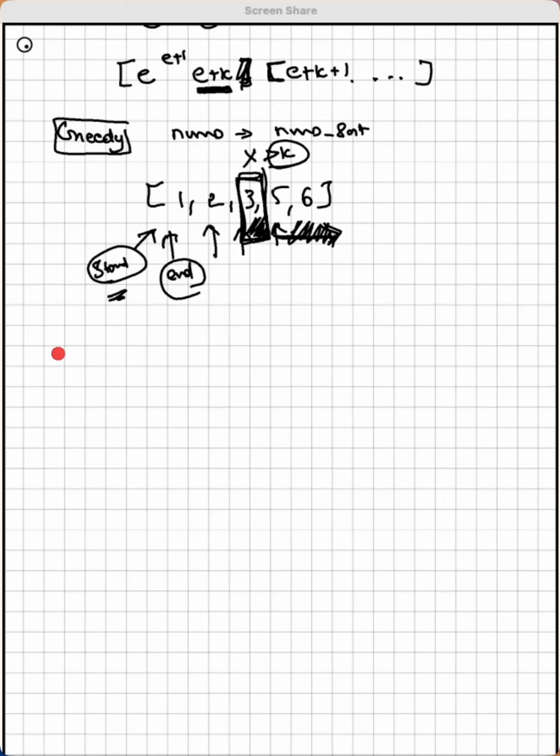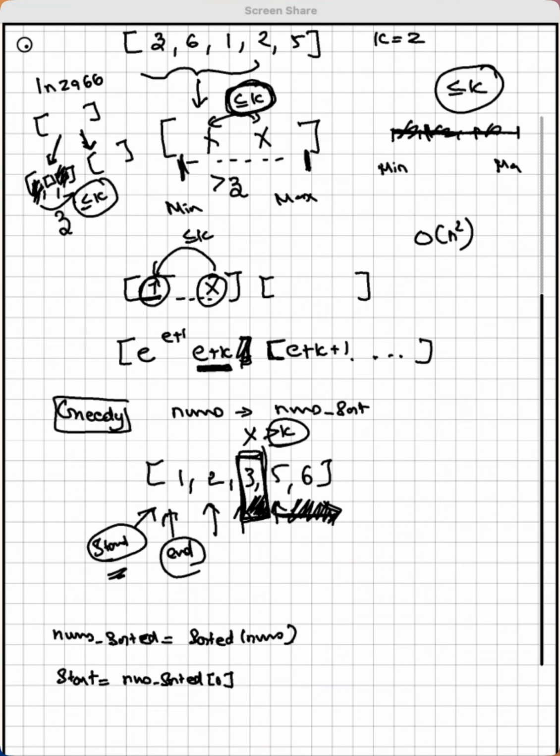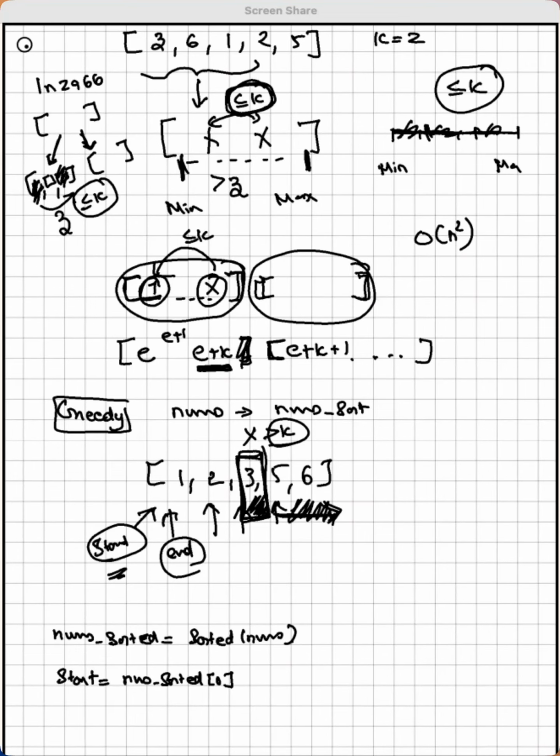So let's quickly run through the pseudocode. Let's say I first sort my input, and then I say that my start is equal to nums sorted of 0. One very important thing which I forgot to mention is that we don't need to return these subsequences. All we need to return is the count of subsequences generated.